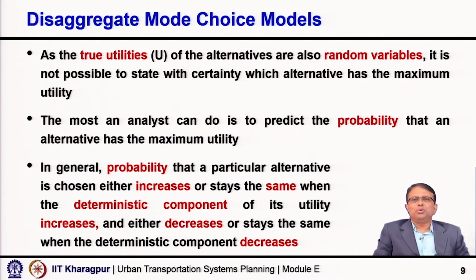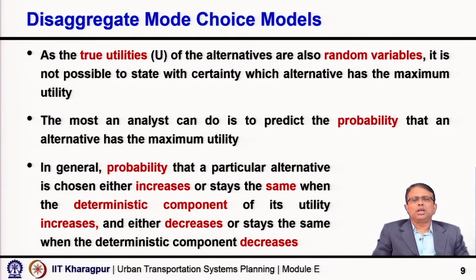When I am considering only the deterministic component of the utility, I can calculate the value: for alternative 1 it is minus 10, alternative 2 minus 15, alternative 3 maybe minus 20. So, I know clearly which one has the maximum value of utility, and then I can say confidently that this is going to be the choice, because this is the alternative for which the utility is maximum.